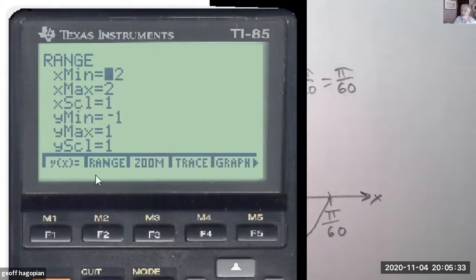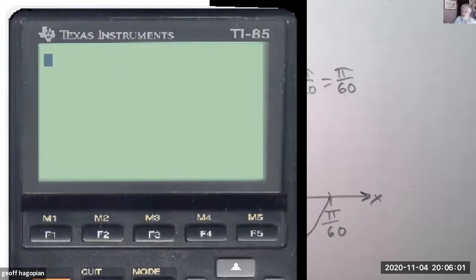Let's just go for the standard range, right? Is there a way of changing it to standard range? No, okay. Well, let's just graph it here.